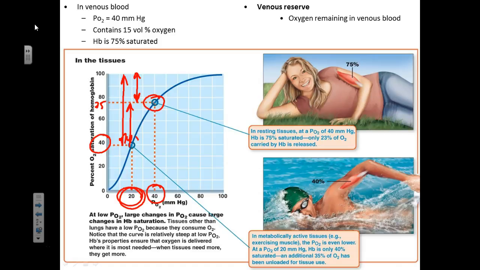Does that make sense? The more oxygen tissue uses, the more oxygen is being unloaded from hemoglobin, which means it doesn't really require that much of an increase in the blood flow. You see what I'm trying to say here?